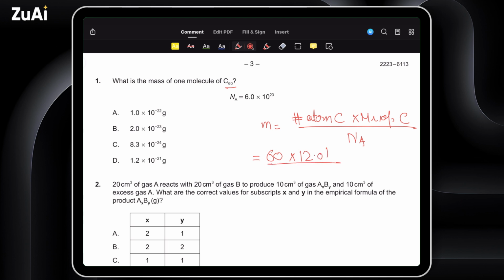You can see that from the periodic table which is given, and divide by 6.02 times 10 to the power 23. When you calculate it, it becomes 1.2 times 10 to the power negative 21. That's the mass. That's the way to solve this question.